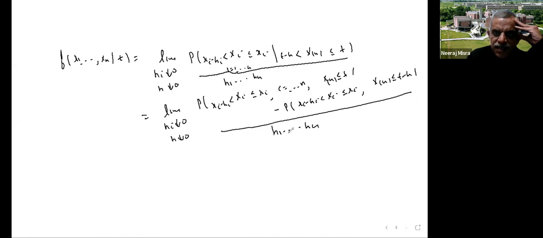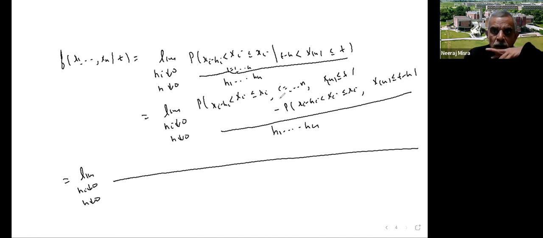Now this is the same as limit hi going to 0, h going to 0. You have to just be a little bit careful. Now, here xn less than or equal to t means each of them is less than or equal to t. So everywhere it would be xi less than or equal to t.